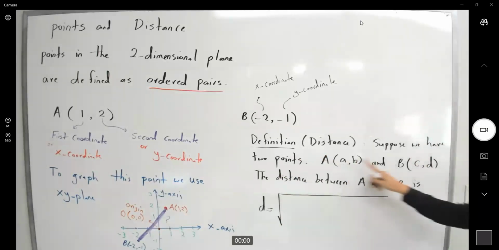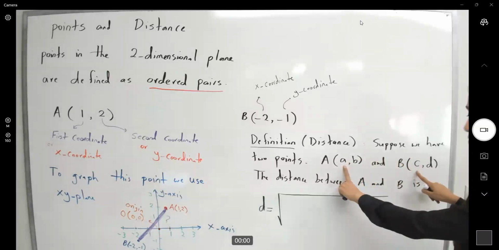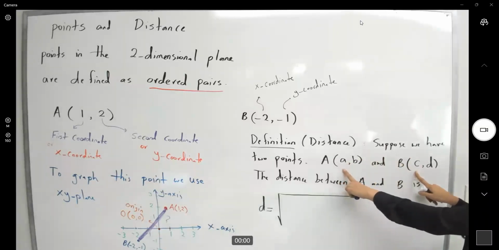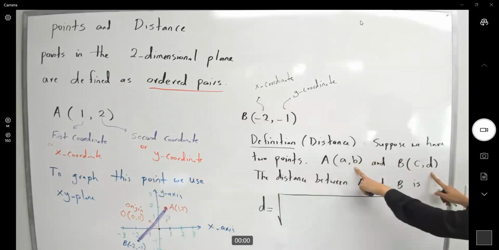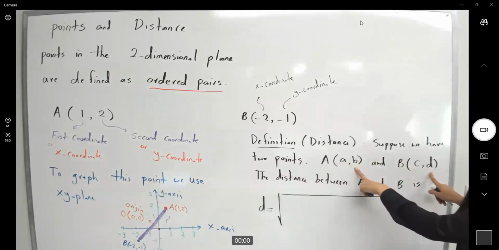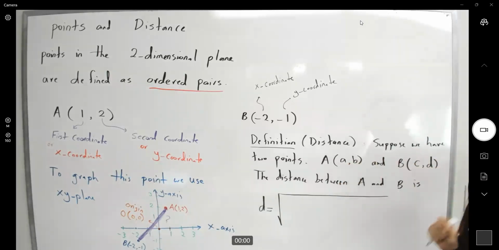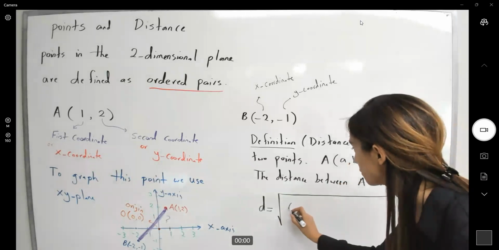We're going to take the x values, find the difference between them, and square it. Then find the difference between the y values and square it. Then add the results together and take the square root. So take a look at this.